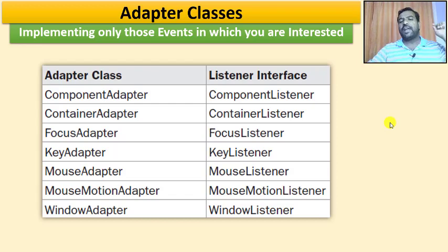Now just remember, when I was saying that if we are going to implement any interface, all the methods of the interface should be defined. If the interface contains 7 methods, all the 7 methods, you may need it or not. For example, I don't want to work with the mouse click. I just want only the mouse press and mouse release.